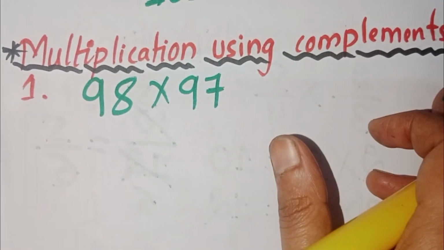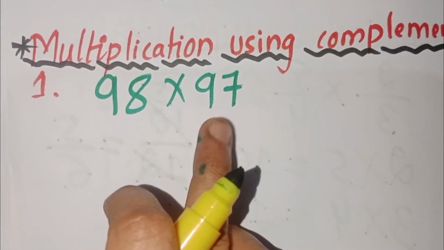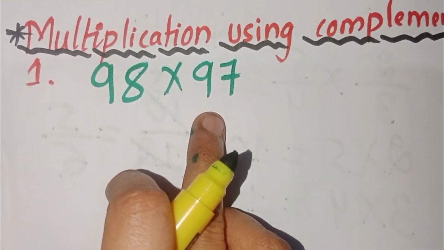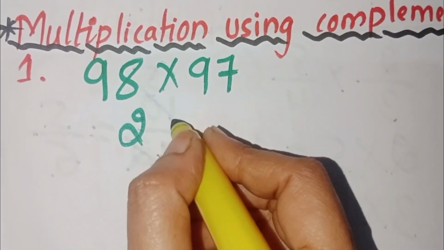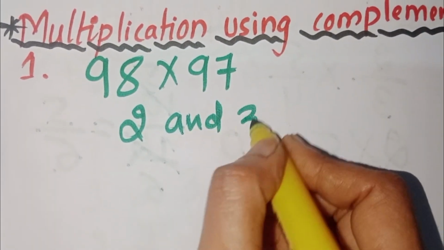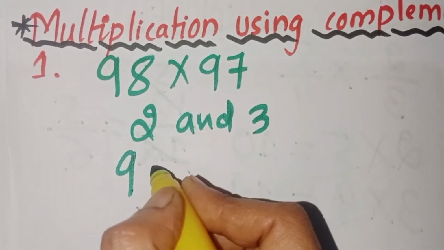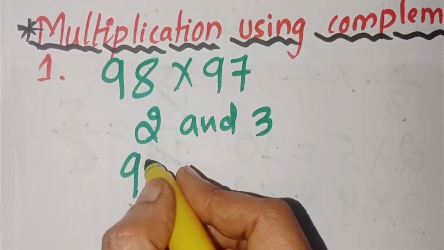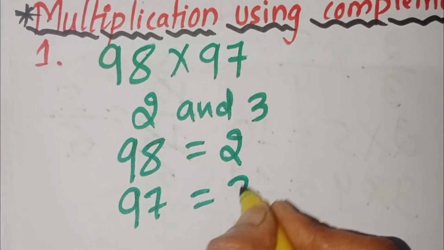Multiplication using complements. 98 into 97. Use complements from the nearest base. Nearest base is 100. Complements are 2 and 3. 98, 2. 97, 3.